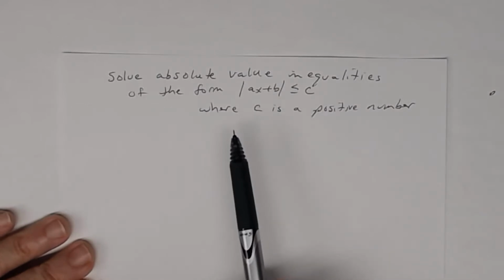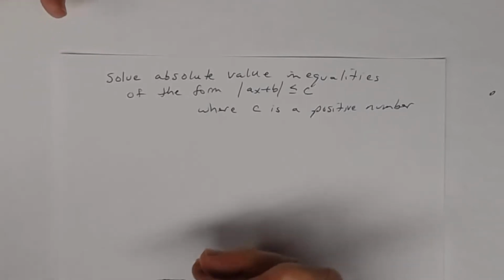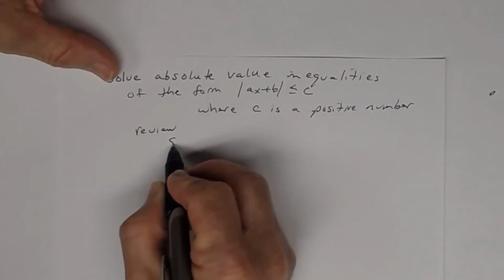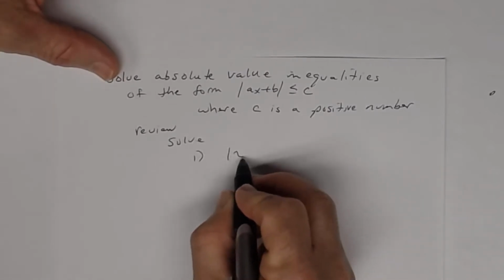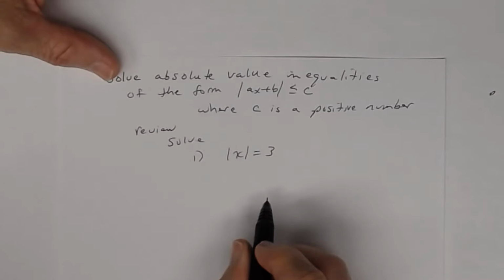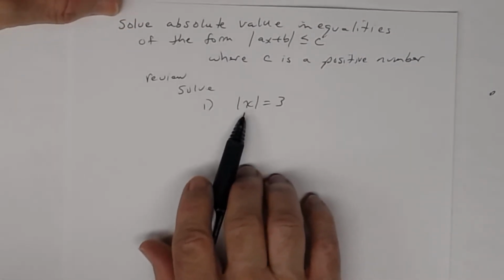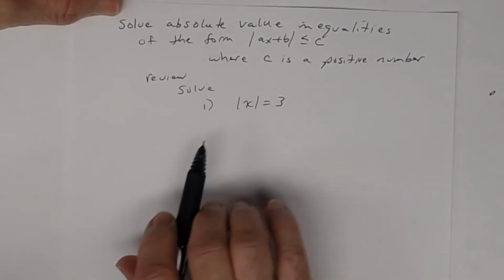Okay, now let's review something about the absolute value equation. So we talked previously about absolute value equations. So let's look at an easy one. If I have the absolute value of x is equal to 3, intuitively, by inspection, you could tell me what the solution is. So the absolute value of what number is 3?